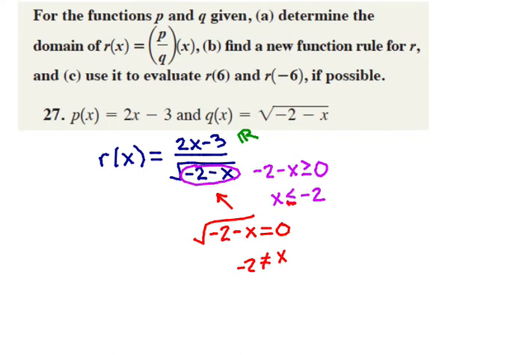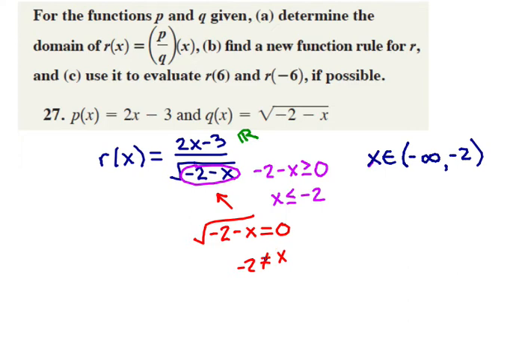Okay, so when I combine those two pieces together, our final domain for this new rule r of x is going to be all of our values that are less than negative 2. So we will not include negative 2 in that domain, because not only do I want to be less than or equal to because of the radical, I also don't want to be equal to because of the division.